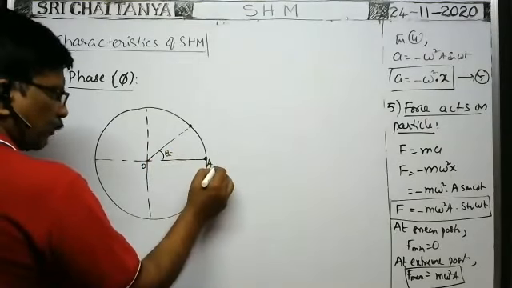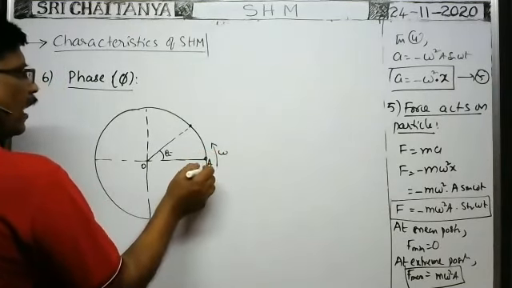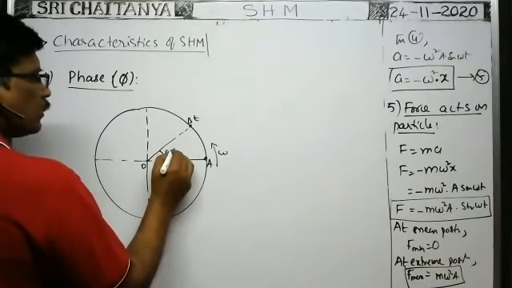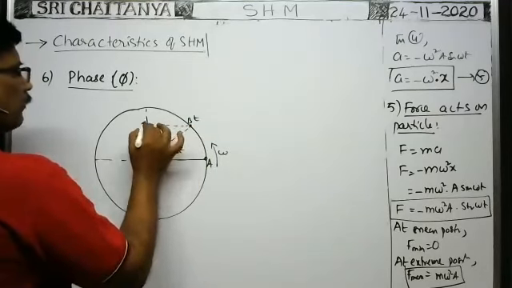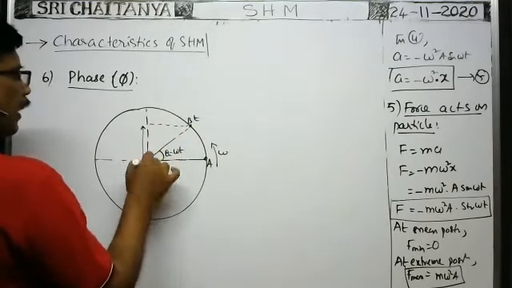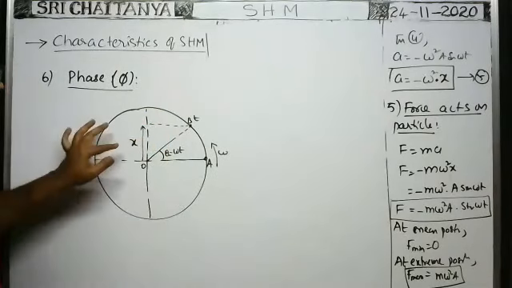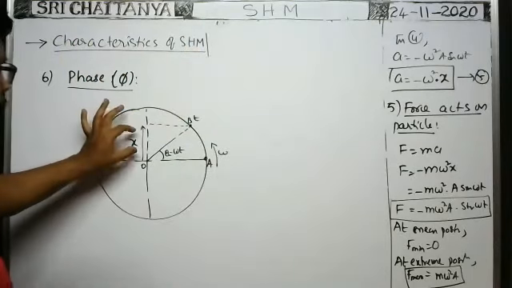As this particle travels with a constant angular velocity in the reference circle, after t seconds, whenever it reaches the point say B, the angle through which it is displaced is omega t. At that time, the displacement of the particle along the y-axis, the vertical direction, is say x. I am not changing the notation here because we use x so far.